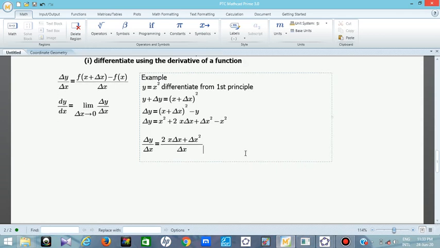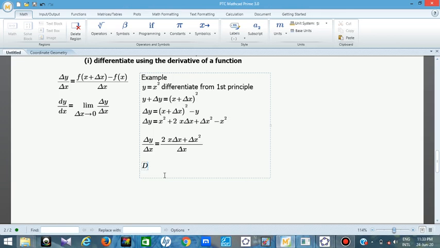So when we simplify this, we cancel out delta x here, which is giving us delta y divided by delta x, which is equal to 2x plus delta x squared divided by delta x to give us delta x. So that is it. Then what next?